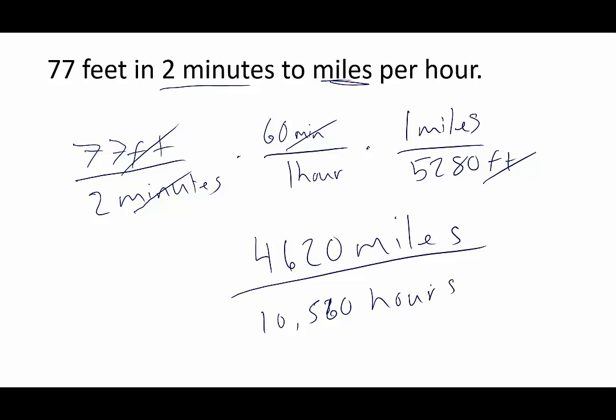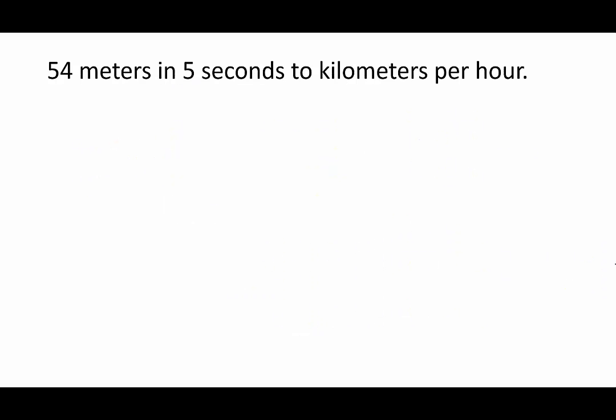So we divide 4,620 by 10,560, we get 0.43 miles per hour. All right.